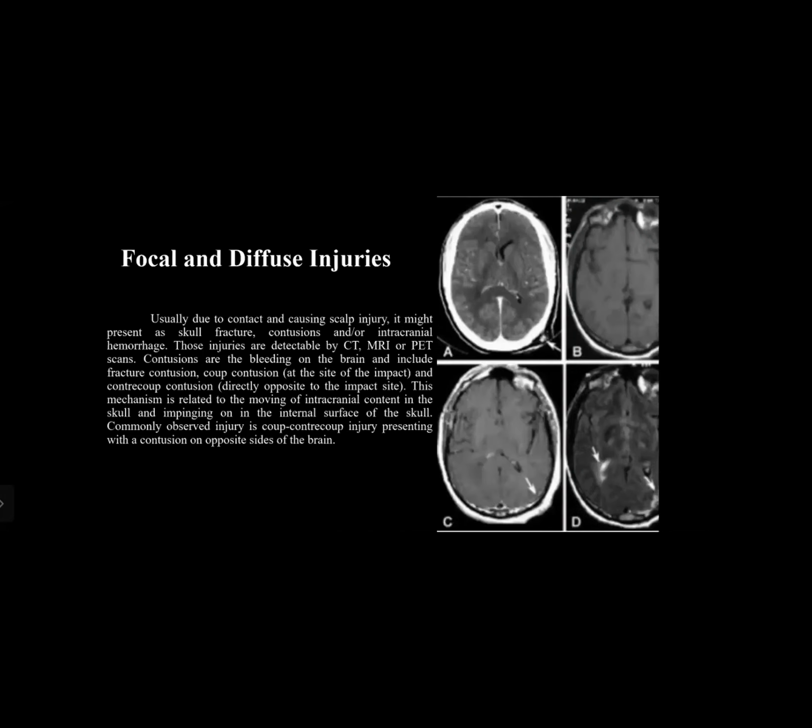And our last type is focal and diffuse injury. As we can see on the diagram here, focal injury is usually due to contusion and the causing of scalp injury. It may be present in skull fracture, contusion, or in intracranial hemorrhage.